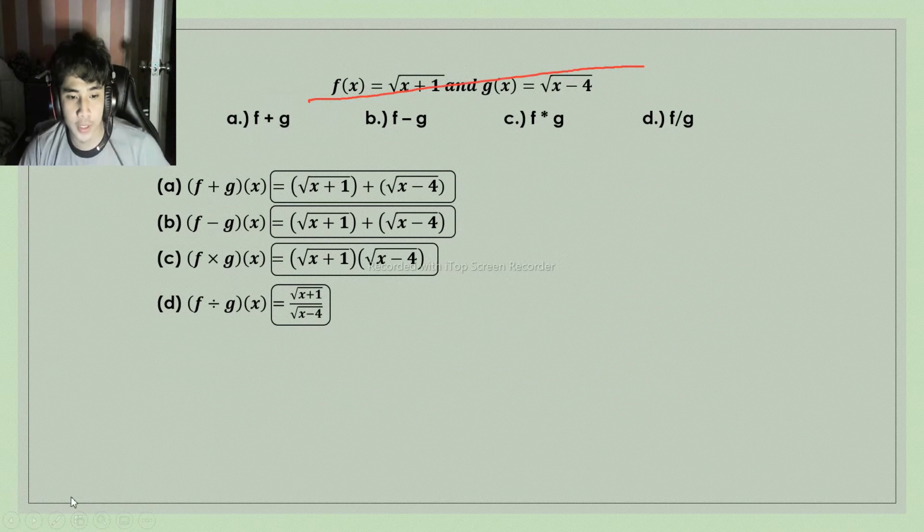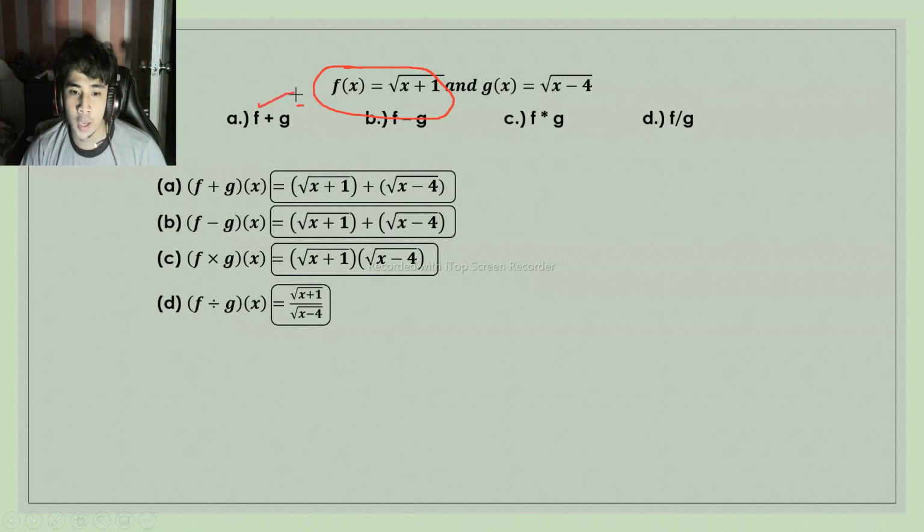So, on our example, we have a question here, right here. Tapos ang letter A natin, f plus g. So we substitute the value of f of x to f, and value of g of x to g.